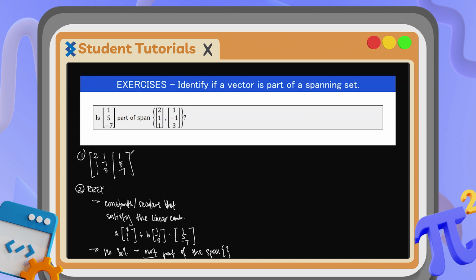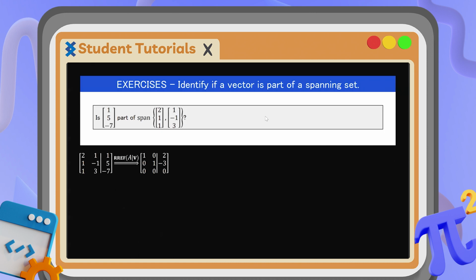So let's evaluate the RREF form of this matrix. When you evaluate this, it should get you to this answer. And as you can see, we have this matrix over here.